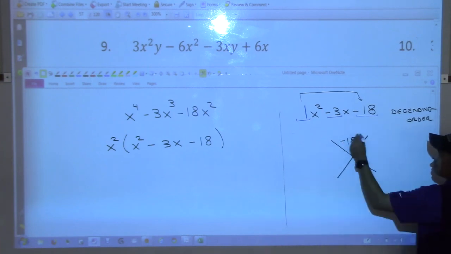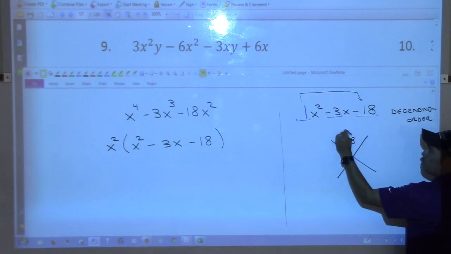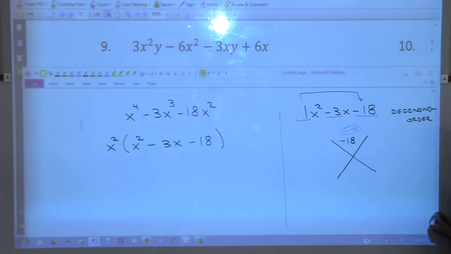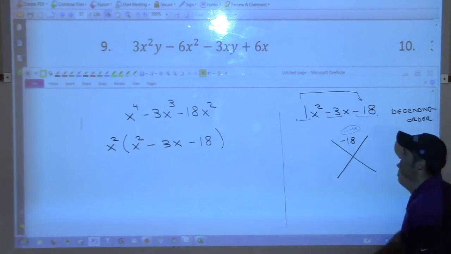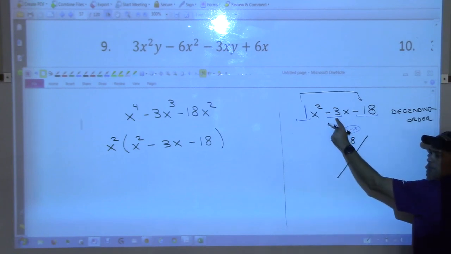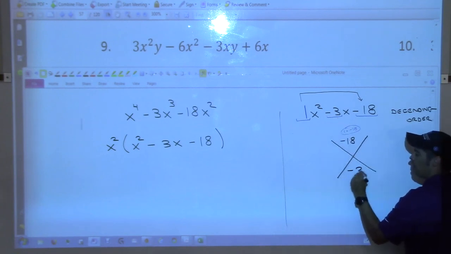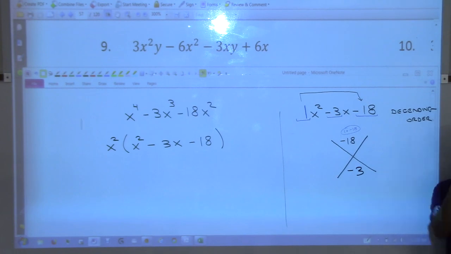Just above it, as a reminder, you're taking 1 and multiplying by -18. That's how we're getting that number. Now, below that in this X, I'm going to put this middle number, which is -3. The only reason we do this is to help us have a visual construction of what we're trying to do here. So we've got these 2 numbers now, -18 and -3.